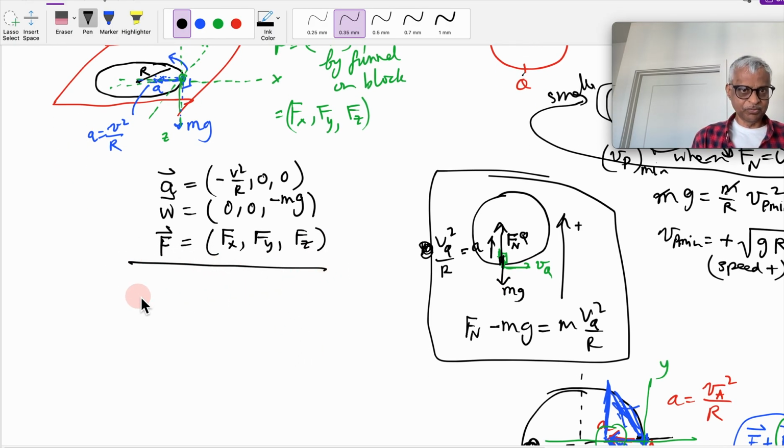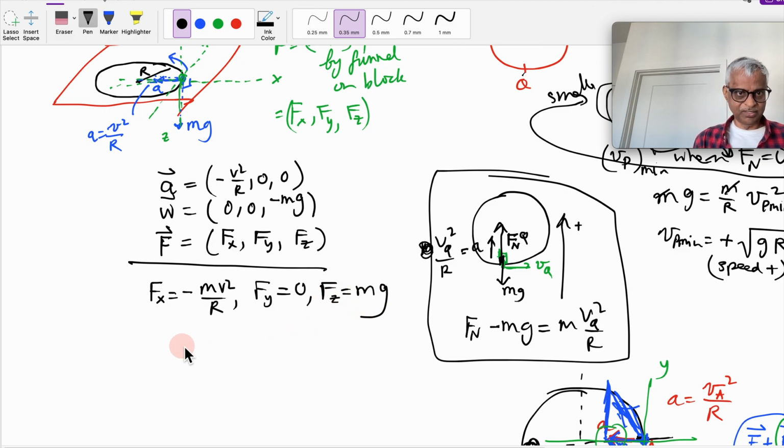So from here we already know fx equals minus mv squared over r, fy is 0, and fz is mg.